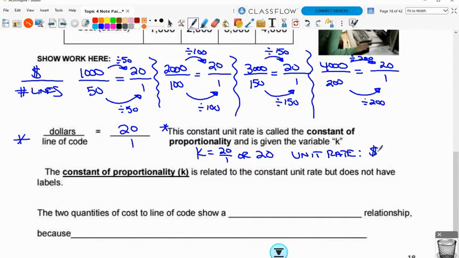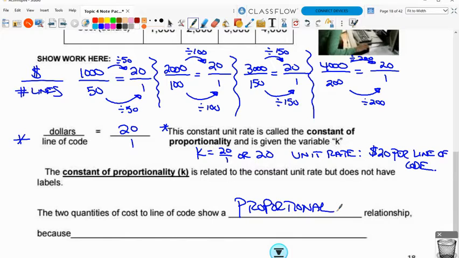It was $20 per line of code. Every line of code cost $20. Now, underneath, we have a couple of blanks that we need to fill in. It says that the two quantities of cost to line of code, well, since they had the same unit rate, we're going to say that this was a proportional relationship.